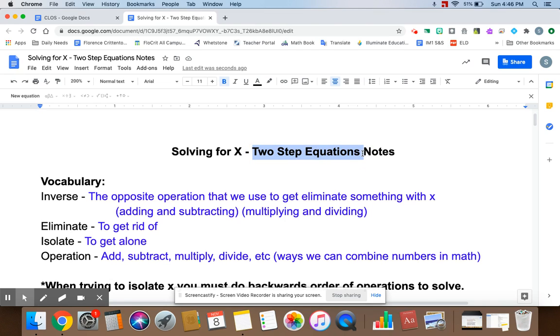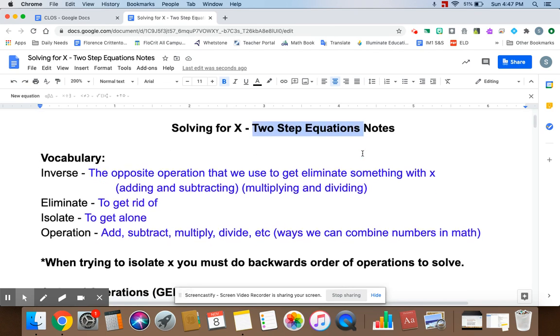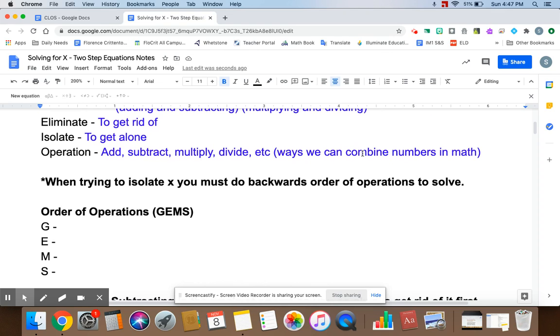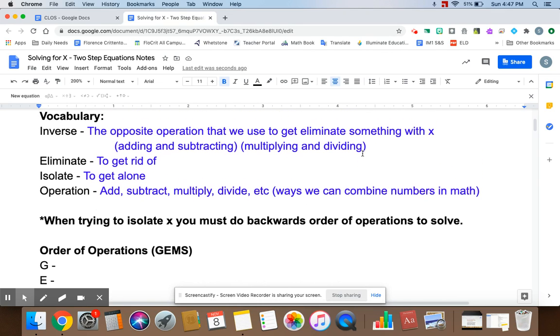And the important thing to remember, because you're going to be solving for x for all of your high school math, it shows up time and time again with different types of equations. And so I'm teaching you how to do it with one type, but you'll learn more. And the important thing to always remember is that when you're trying to isolate x, you must do backwards order of operations to solve.